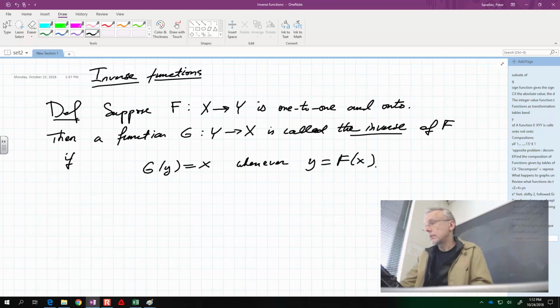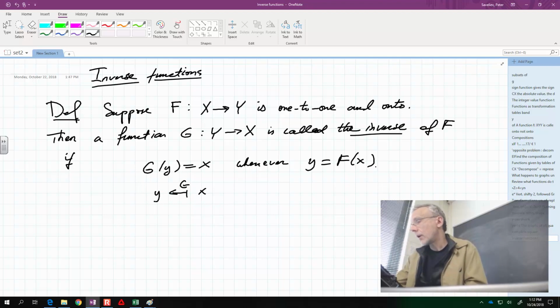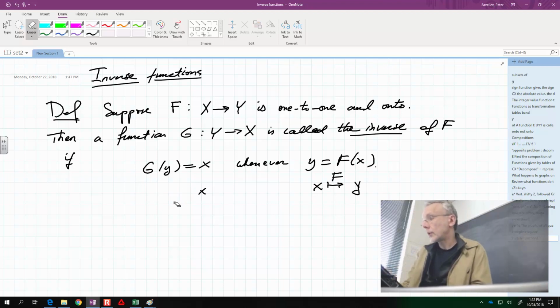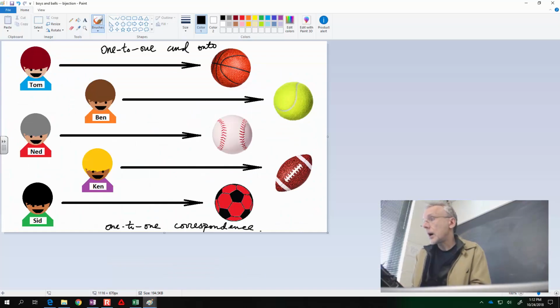So from Y to X, that's what g does. It is the same as going from X to Y under f, and from Y to X under g, like this. Exactly what we see on this picture, going back and forth.